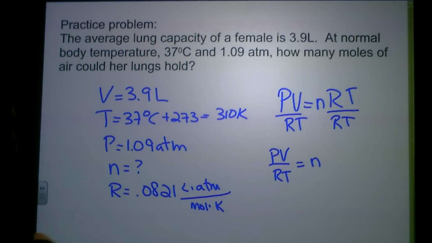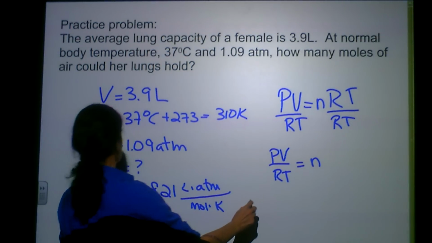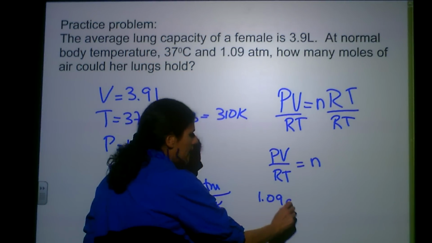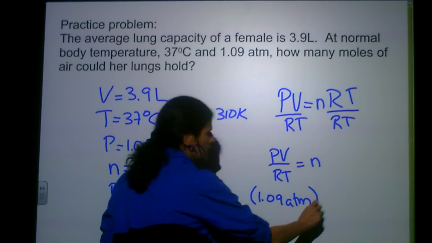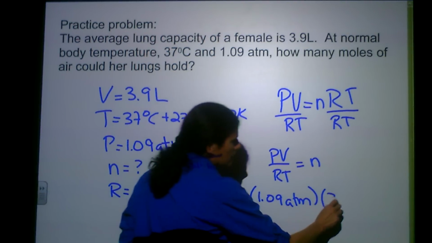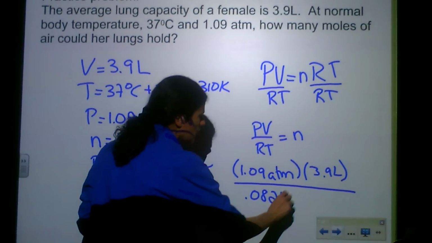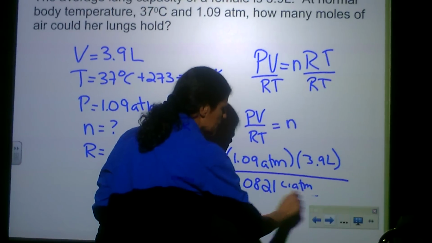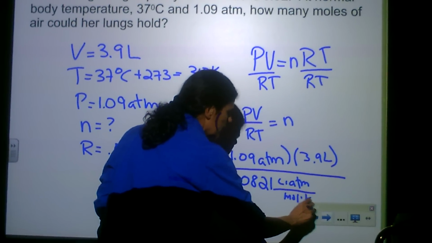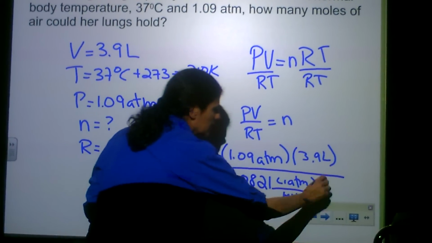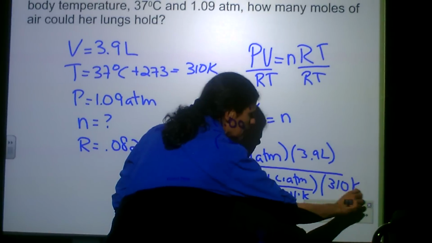Now I can plug in my variables, and I get 1.09 atmospheres times 3.9 liters over 0.0821 liter atmospheres over moles Kelvin, times 310 Kelvin.